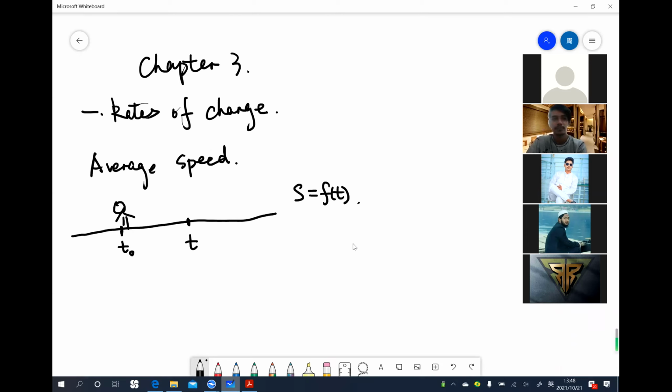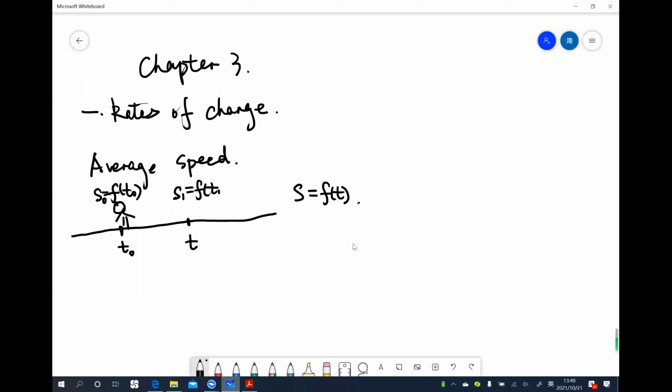So here we know the distance from f of t0 to s1, f of t1. Now I want to know the average speed of this man, who moves at a variable speed along a straight line.